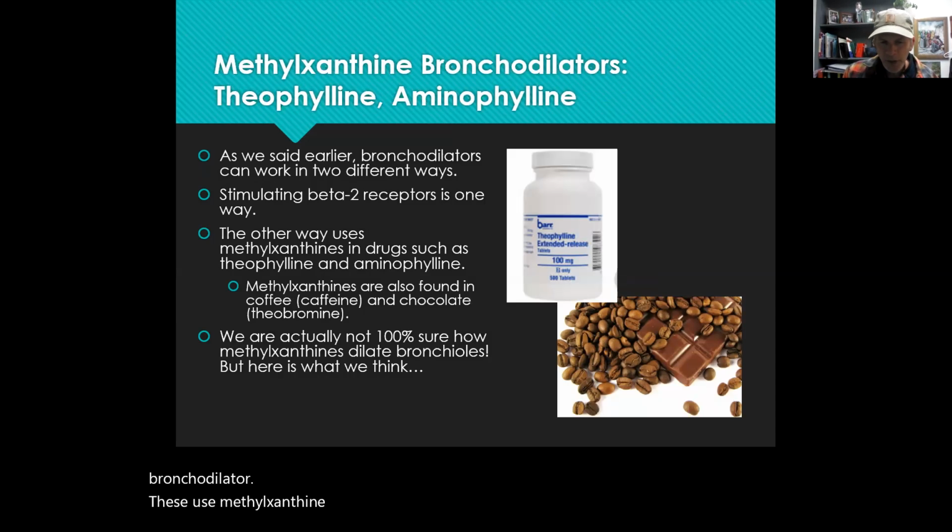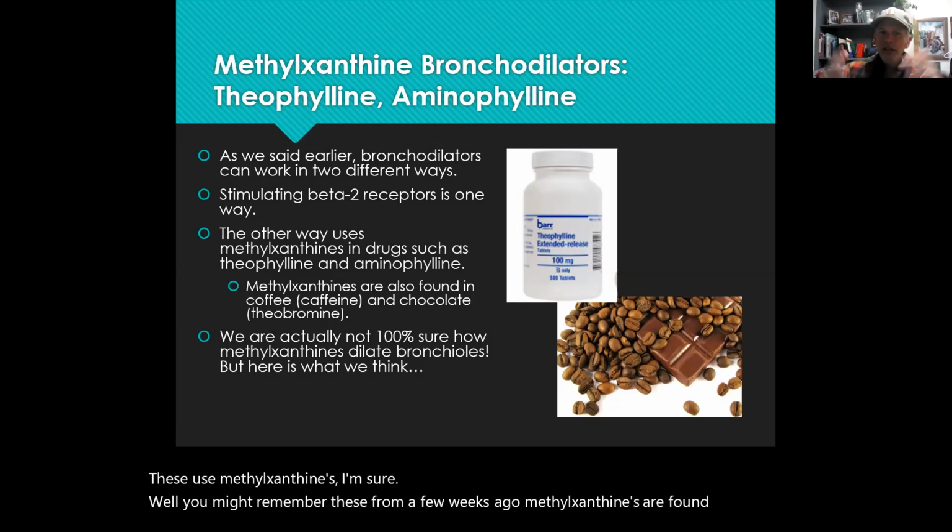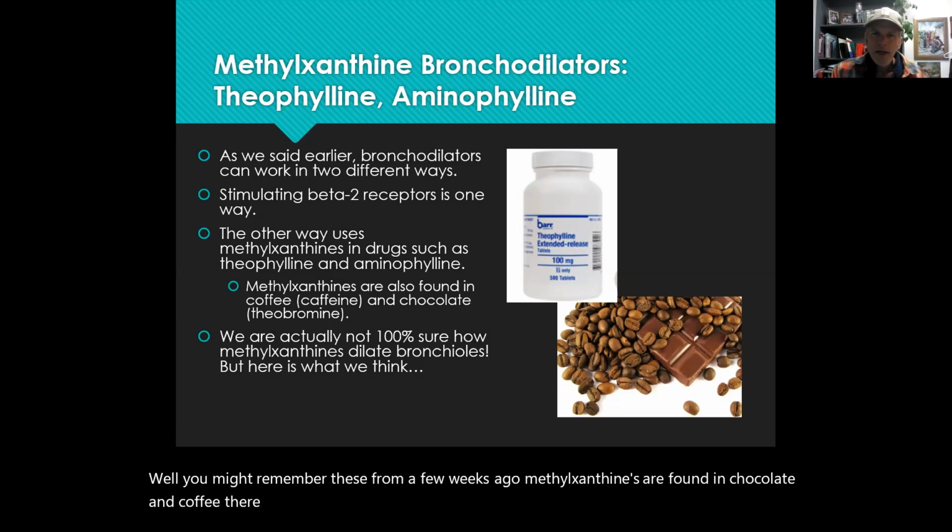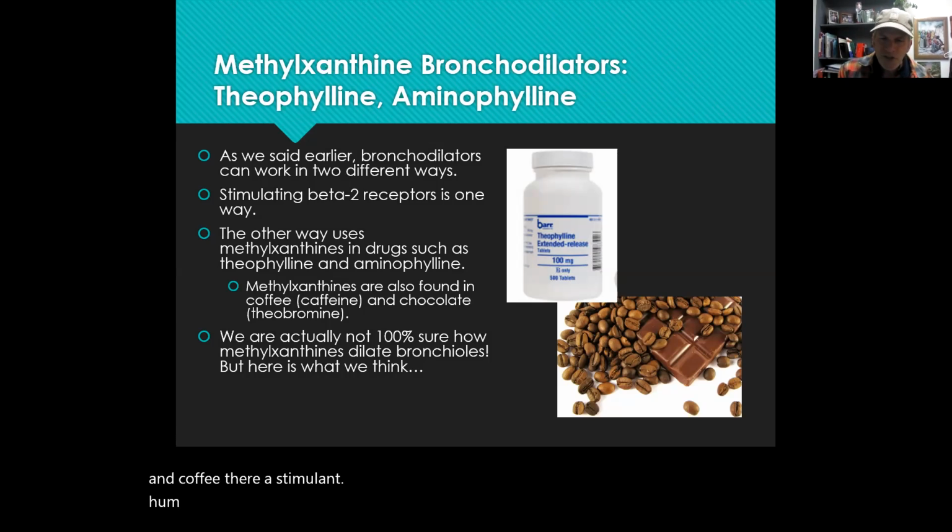I'm sure, well, you might remember these from a few weeks ago. Methylxanthines are found in chocolate and coffee. They're a stimulant, a central nervous system stimulant, but they're also found in drugs like theophylline and aminophylline.